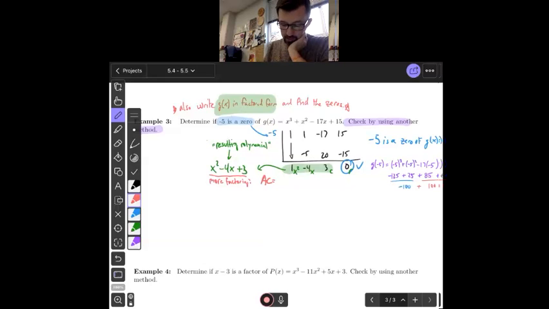One times 3, okay, so AC is 3. And what do we need that 3 to also do for us? Add to negative 4. So Coley, what are our factors of 3 that add to be negative 4? Okay. So we got -3, -1. Those multiply to be 3 and add to be -4.